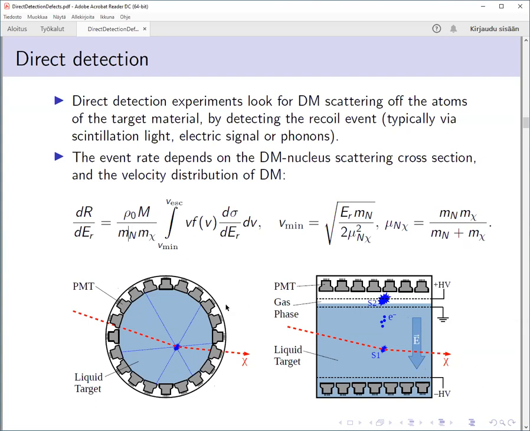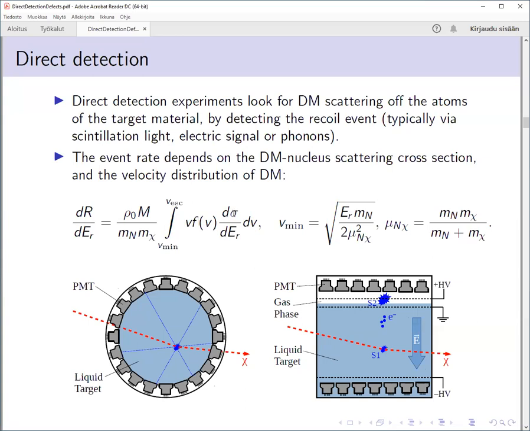Then we can divide the dependence of the event rate into the dependence on the astrophysics, let's say, parameterized here by this function f of v. So this is the velocity distribution of dark matter, giving the probability to find a dark matter particle with a given velocity in our lab frame. So this depends on what is the distribution of dark matter particles in our local surroundings, how they are moving with respect to us in the galaxy.